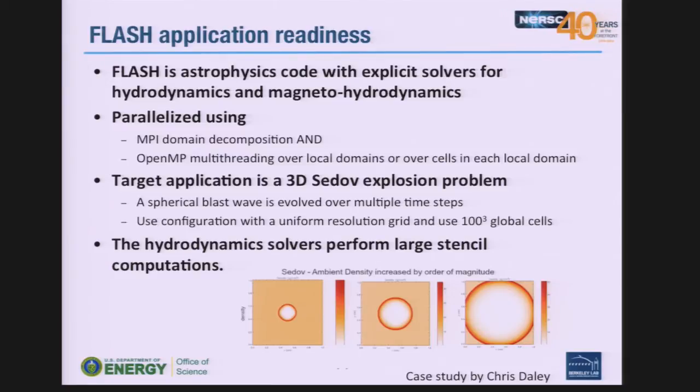Flash has an adaptive mesh, but he's doing something very simple with just a uniform grid. The parallelization used is that they have MPI as well as OpenMP in this code. I think that's all we probably need to know from this slide.